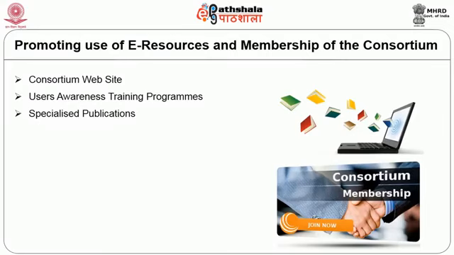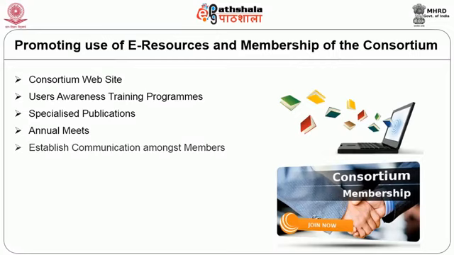Moreover, soft copies of these tutorials should also be made available through the consortium website. Annual meets. An annual convention should also be organized every year to discuss and deliberate on various issues related to effective use of e-resources.